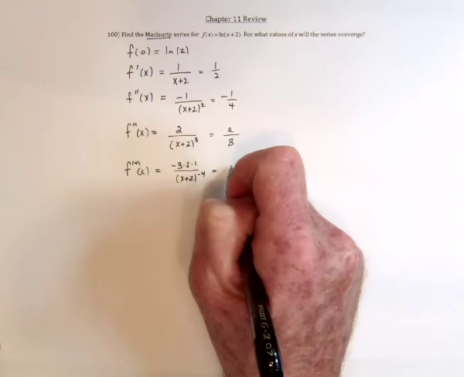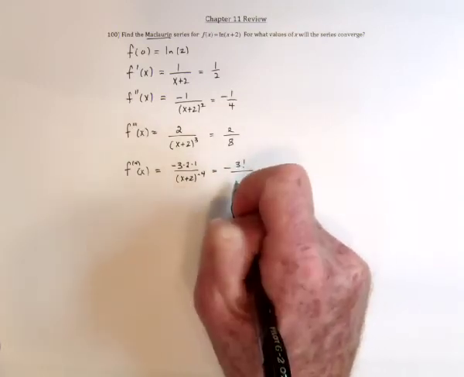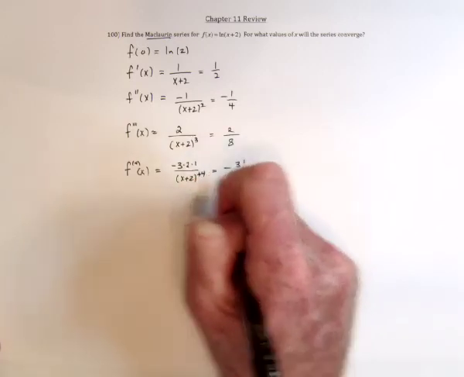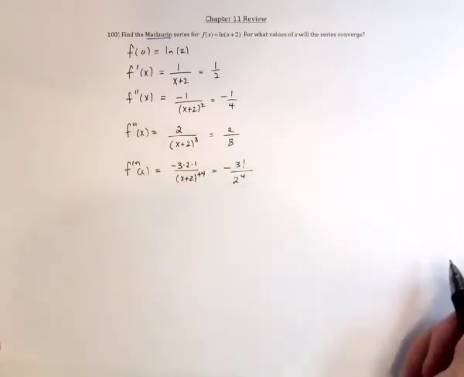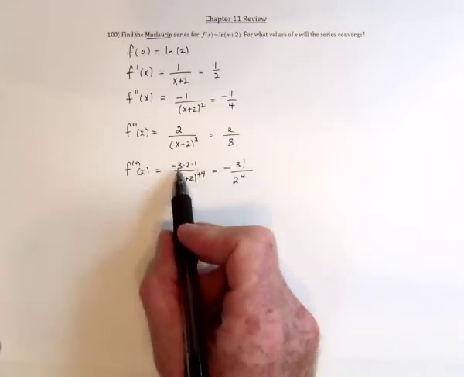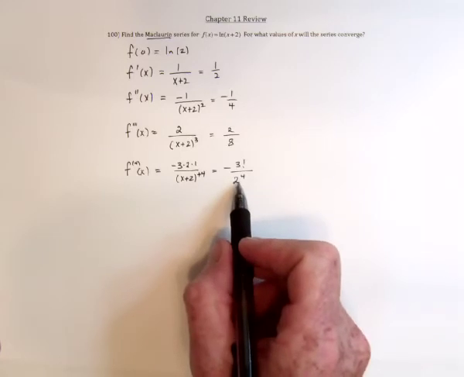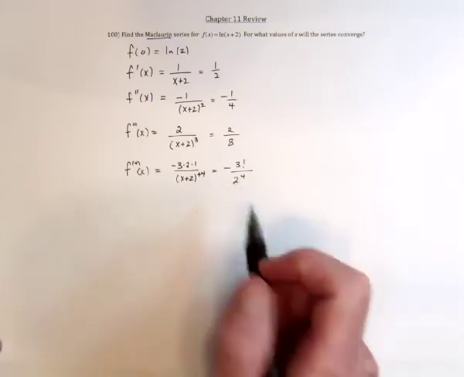So this is negative, and then it's 3 factorial over 2 to the 4th. So the next one would be the 4 would go down in front, and you'd get 4 factorial, and then it's going to be 2 to the 5th.